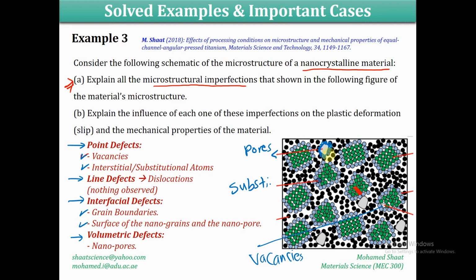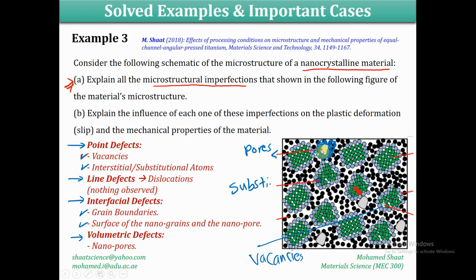All the atoms will be distributed around the pore, and the thing in the middle should be void. So this is going to give an internal surface.